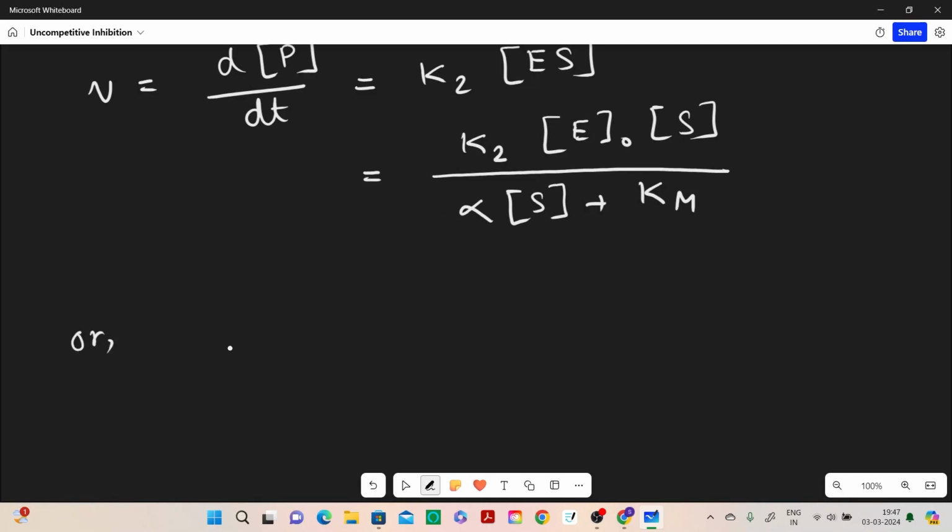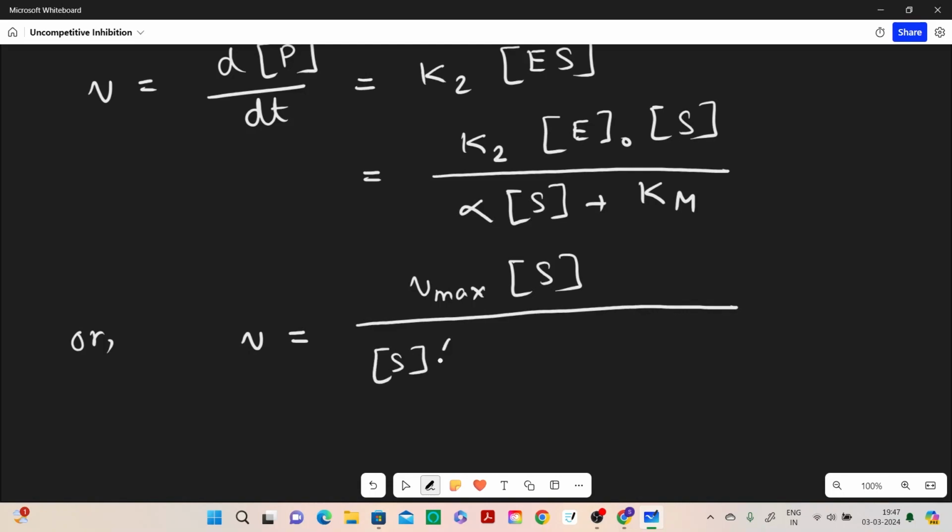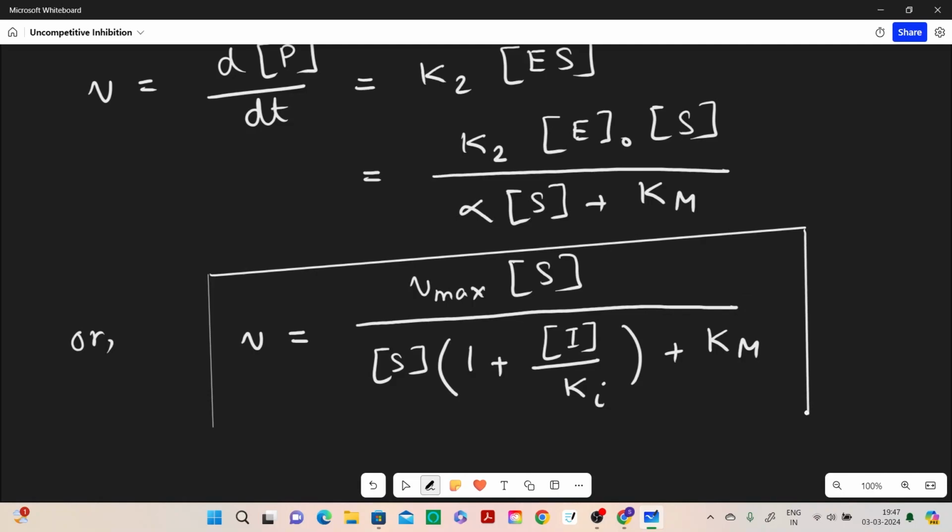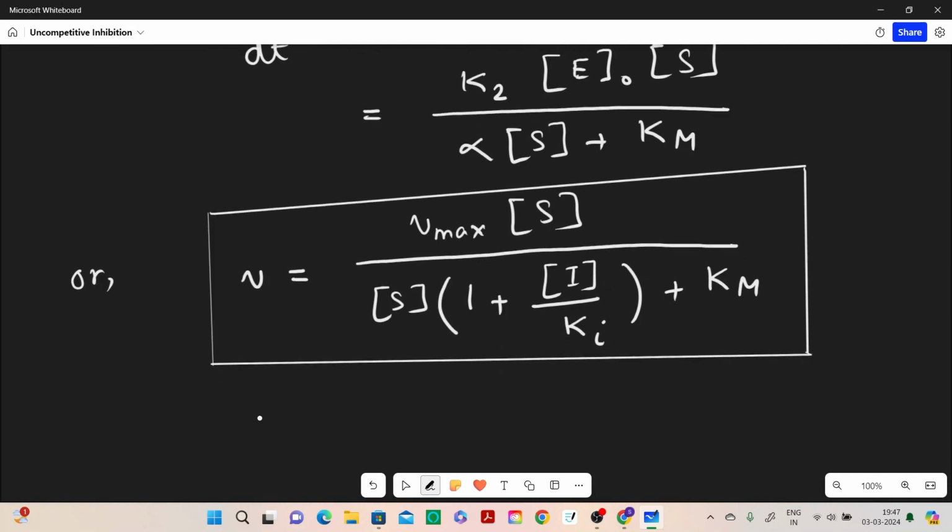So this equation becomes V equal to Vmax into S divided by alpha, where alpha is 1 plus I by Ki, plus Km. So this over here is the rate equation of an uncompetitive inhibited enzymatic reaction.